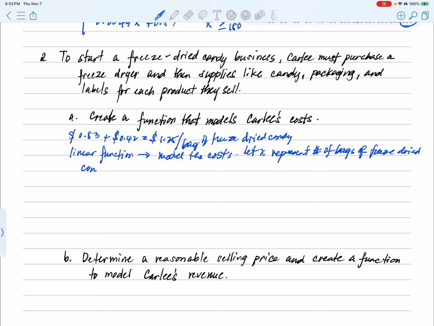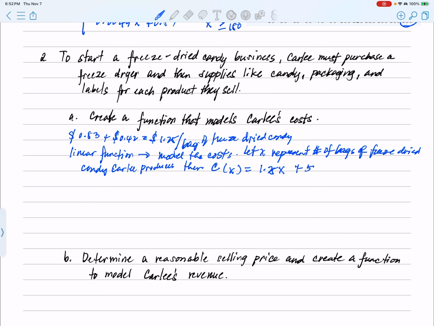What else do we have? The candy that Carly produces. So then the cost of the candy Carly produces would be 1.25x, that is the number of bags, plus 5,000.